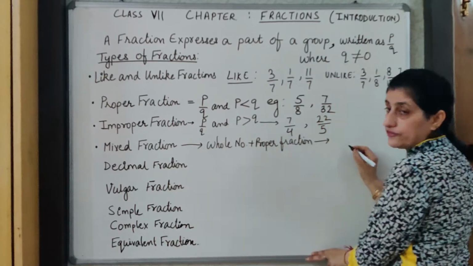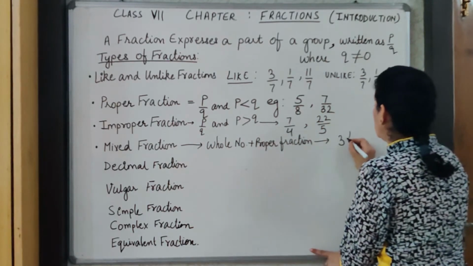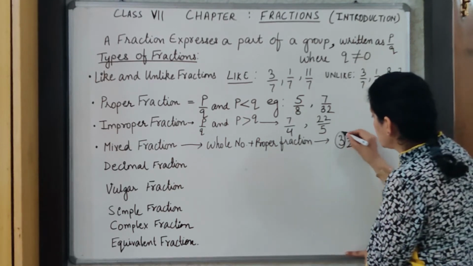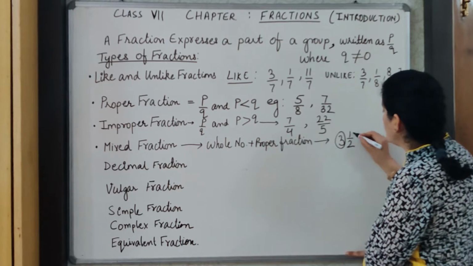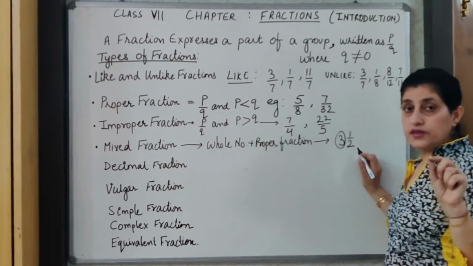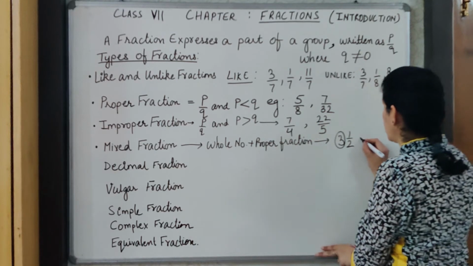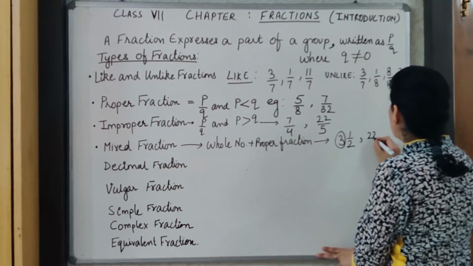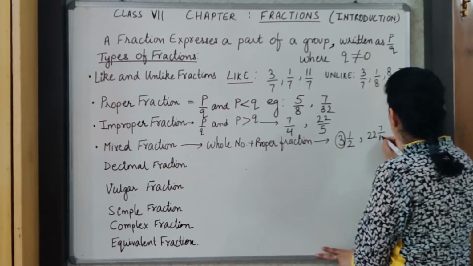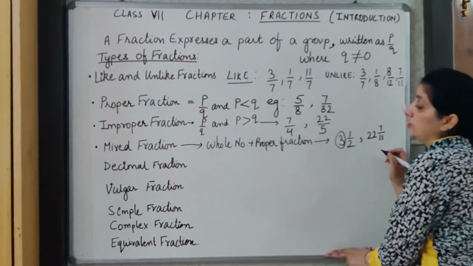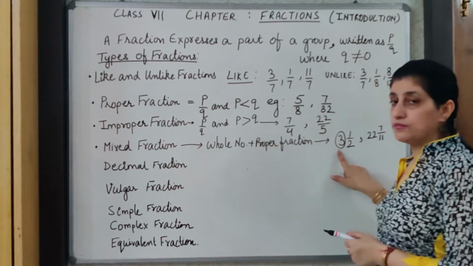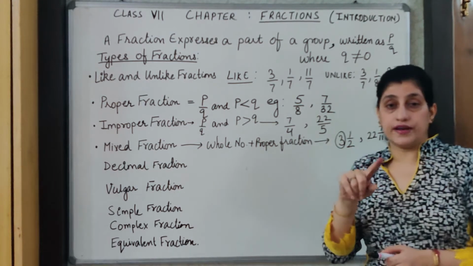For example, if I write 3 whole 1 upon 2, here this 3 is the whole number part and 1 upon 2 is the fraction part. Such a number is called a mixed fraction. Another example, let's take 22 whole 7 upon 11. It will have a whole number and it will have a proper fraction.